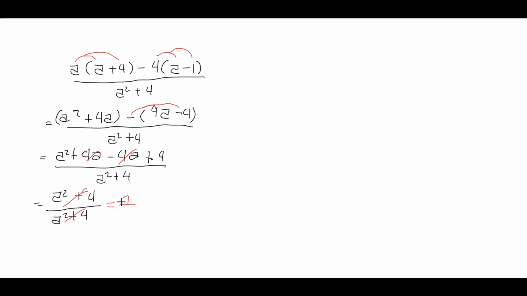For example, 2 divided by 2 gets 1, and 1 divided by 1 gets 1. In this case, a squared plus 4 divided by a squared plus 4 gets 1. So 1 is the answer for this problem.